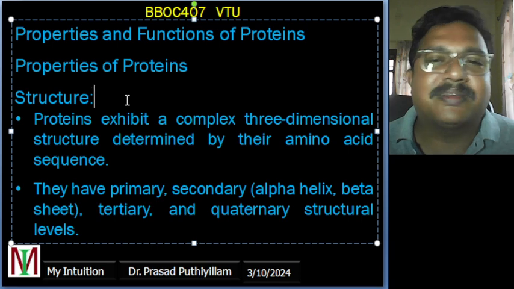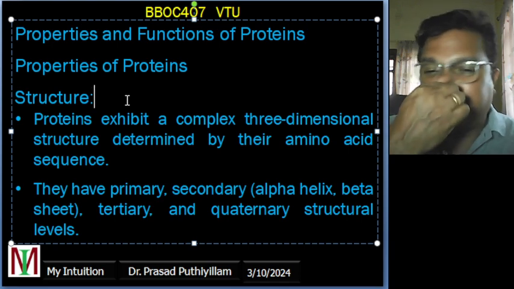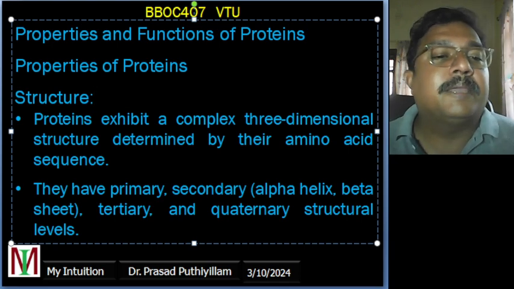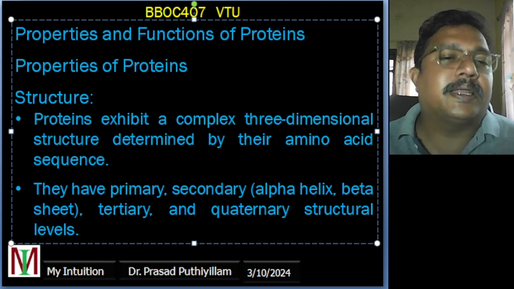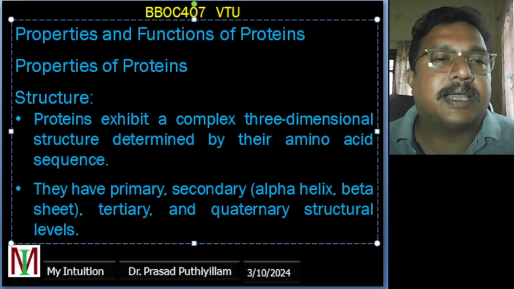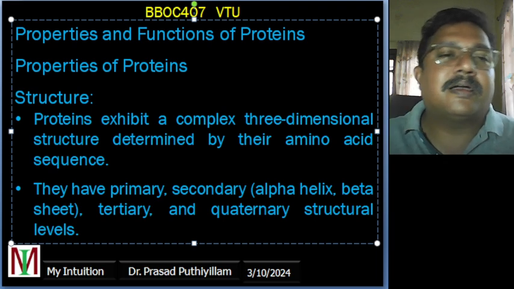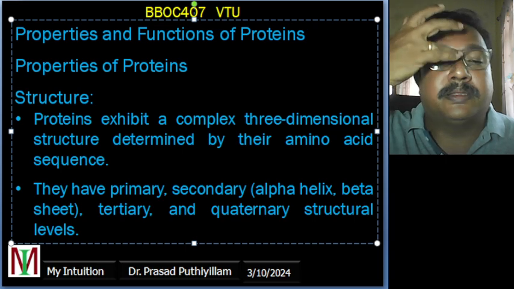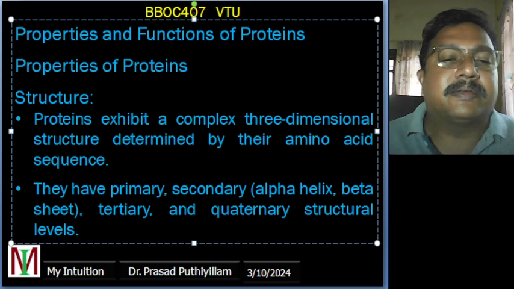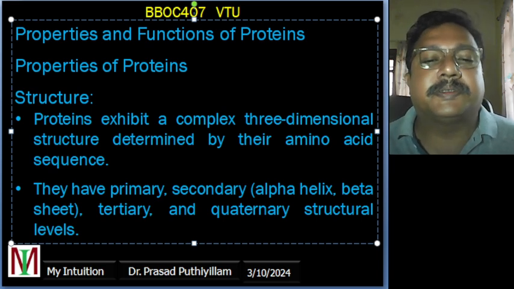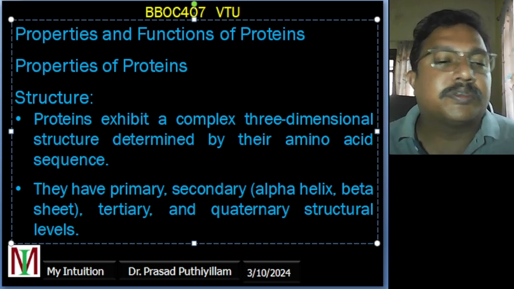Now it has become proper. Now the structure of proteins. First point: imagine the protein as a necklace of small beads combined. These beads are the amino acids, the building blocks of proteins.